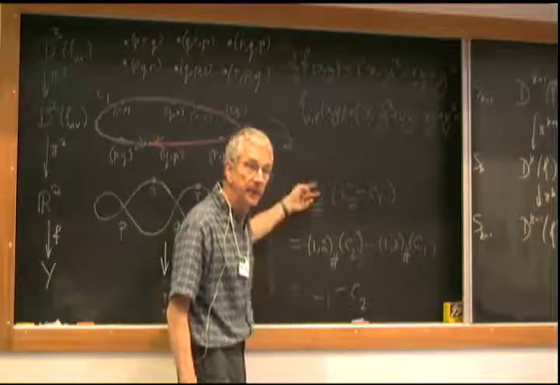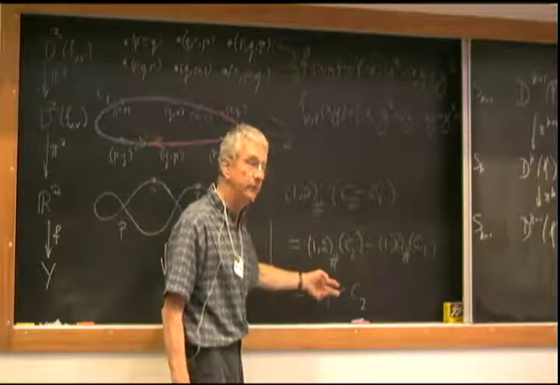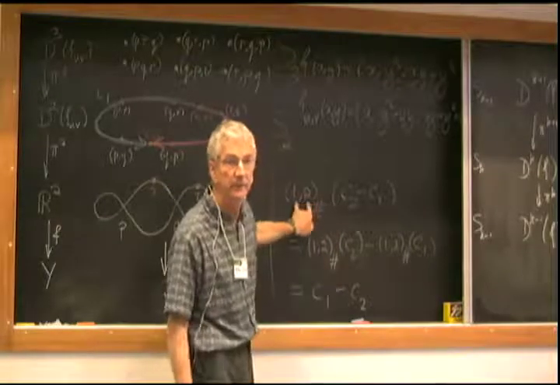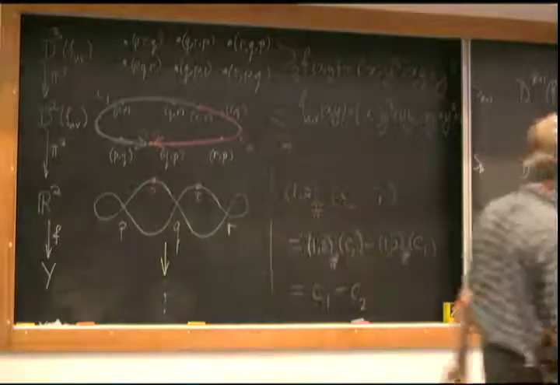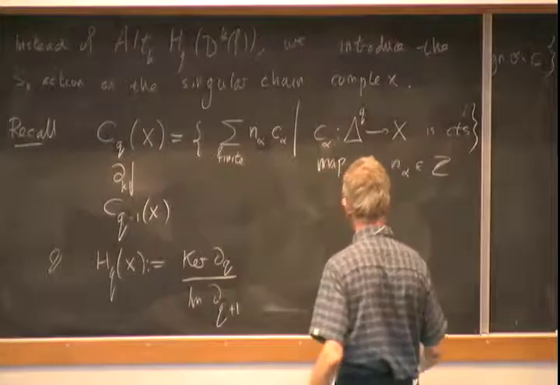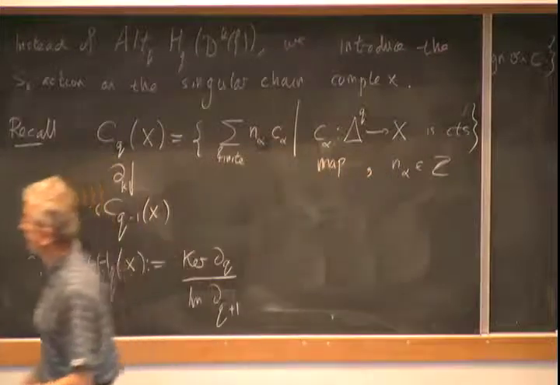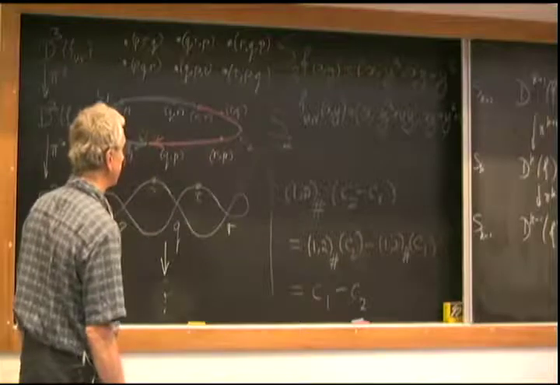Because when I apply this permutation, I change the sign of the chain. That's what I should do because this is an odd permutation, a permutation which is a single transposition. Okay. So we've defined the set of alternating chains.